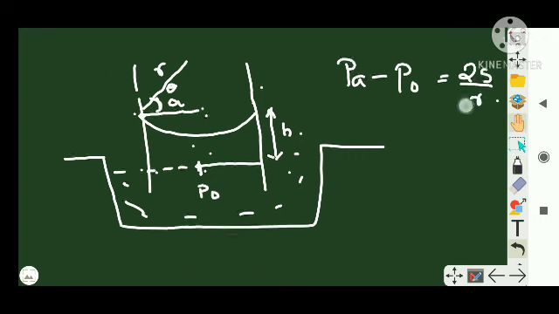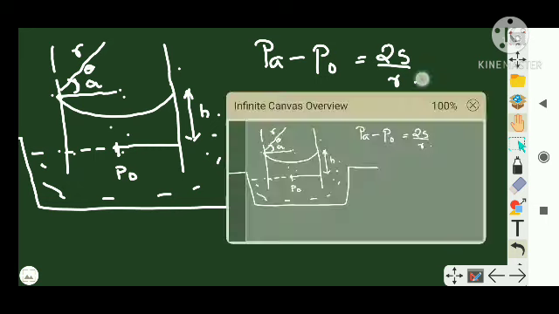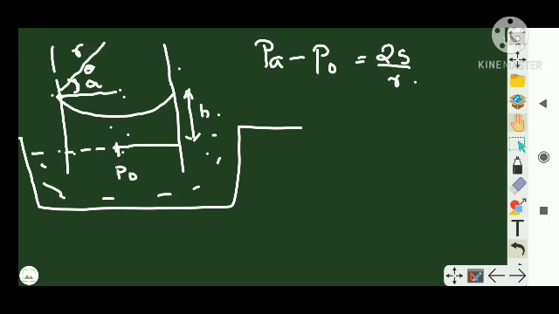Let us write it as capital R. We have taken R as the radius, so 2S by R. This much is clear. Now moving on. Let's say there is a pressure difference. The pressure just below the surface, on the convex side, is actually very less when compared to the atmospheric pressure.